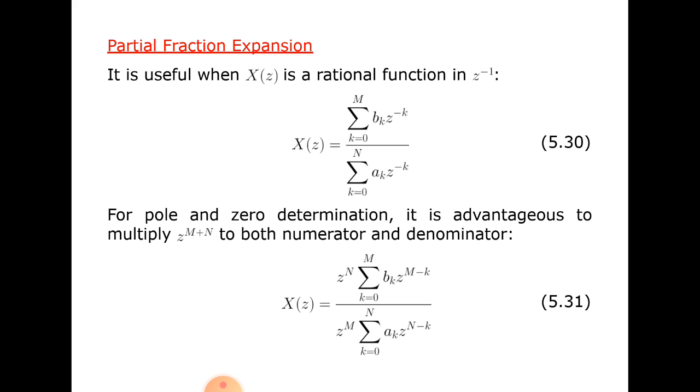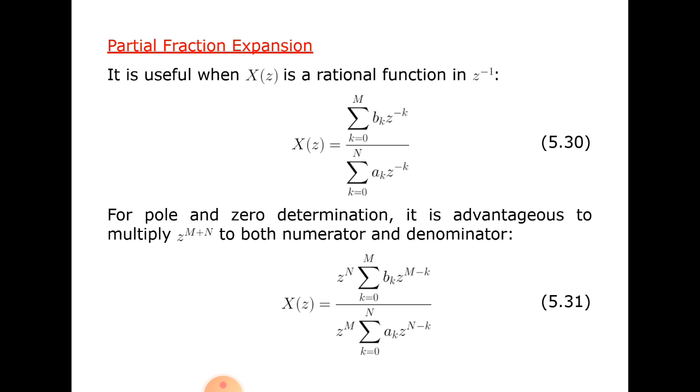The next method is partial fraction expansion. It is useful when x of z is a rational function in z power minus 1, that is, x of z equal to summation k equal to 0 to m of bk into z power minus k, divided by summation k equal to 0 to n of ak into z power minus k.